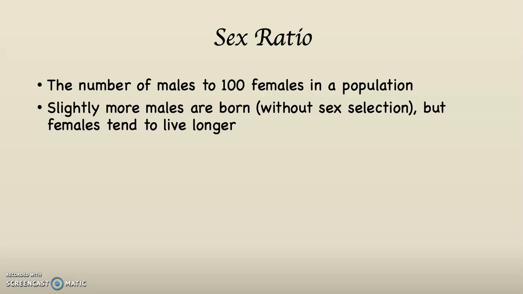But females tend to live longer. So at birth on planet Earth, there are about 105 males born to every 100 females. So you can see 100 represents the females, 105 represents the males. Females are always on the right, males are always on the left, kind of like the population pyramid itself.